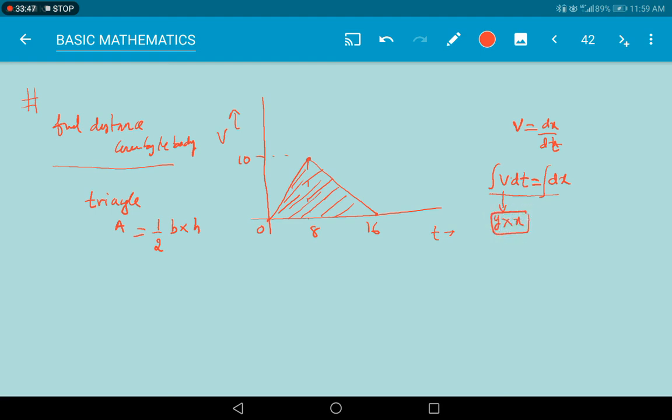This x component is length and this is height. That means if you calculate the area under the graph, we are going to get the distance covered by the body. Let us use half into base 8 into height 10, therefore 40 meters is the distance traveled.